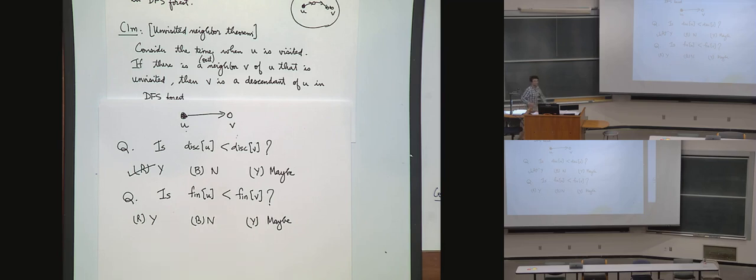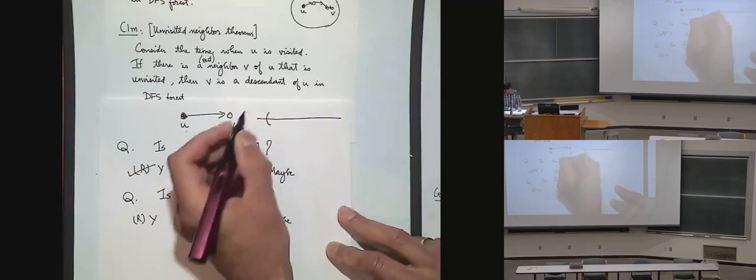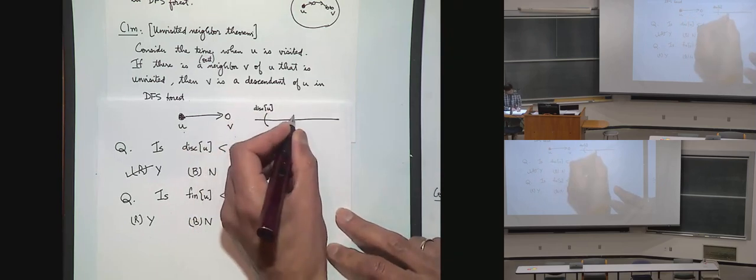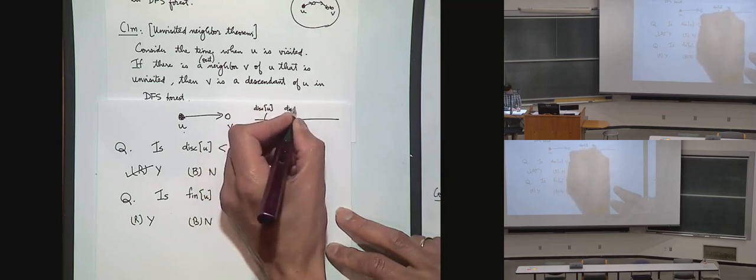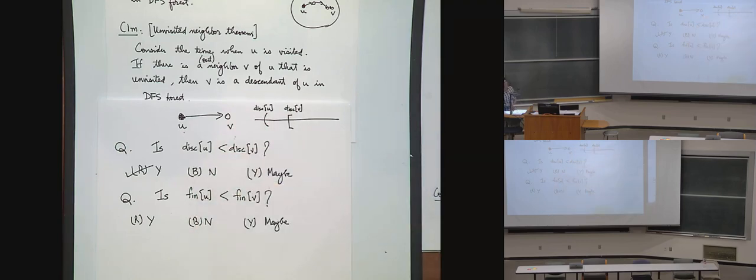When you first discover, you open the parenthesis first. Okay, good. So let me draw that. You first discover U, then you discover V, and you have to close the V bracket before you close the U parentheses. Why?